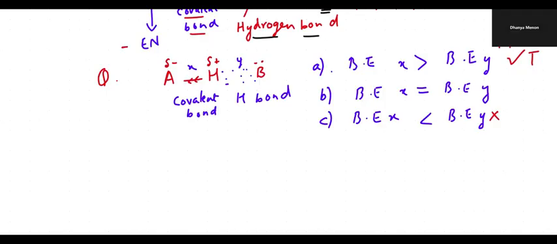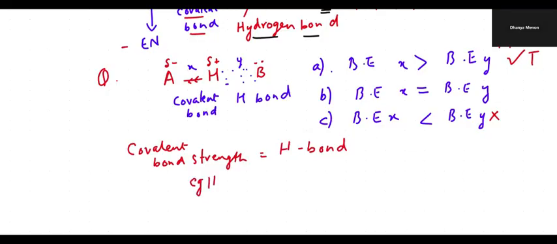So, an example where the covalent bond strength is equal to hydrogen bond strength. We have a special case. The example is HF2 minus. Okay.